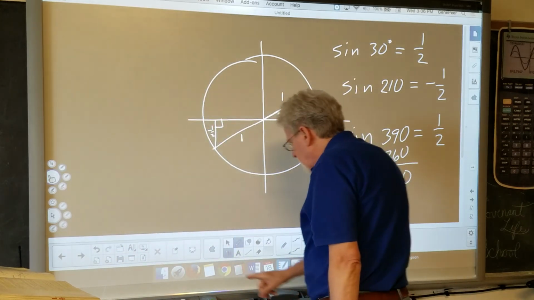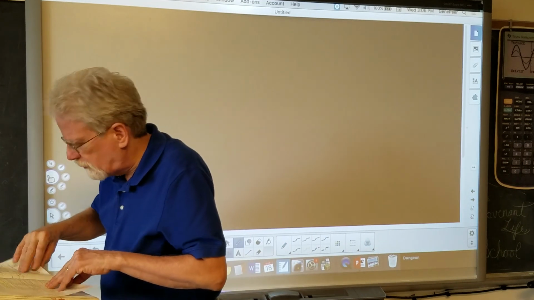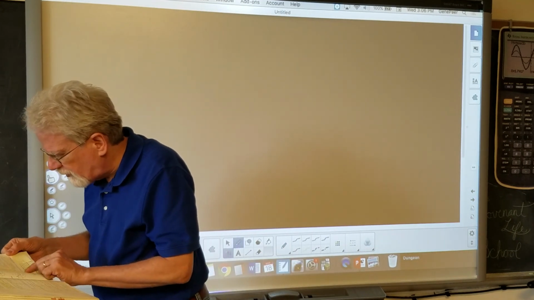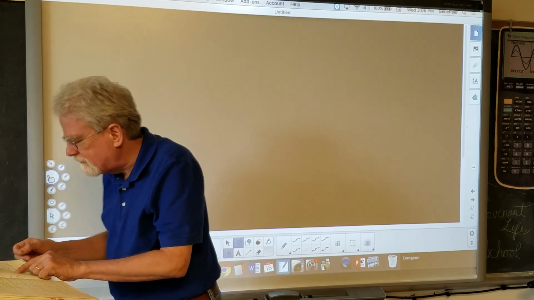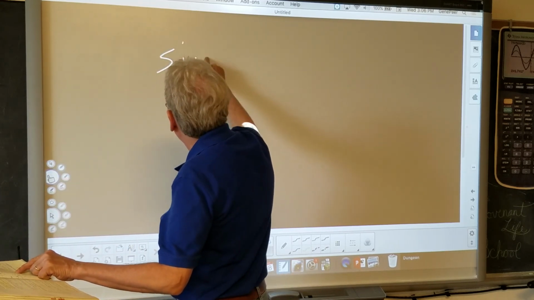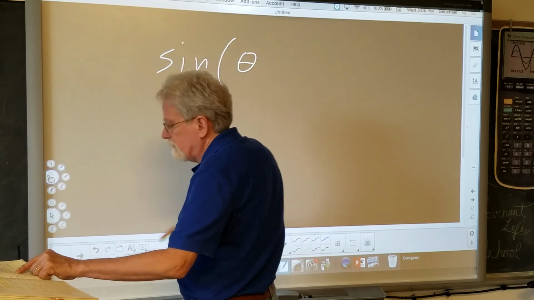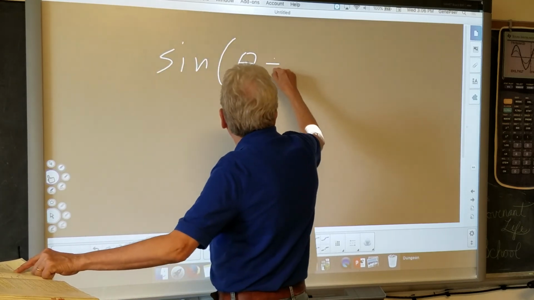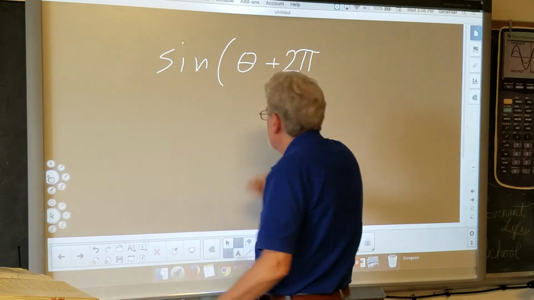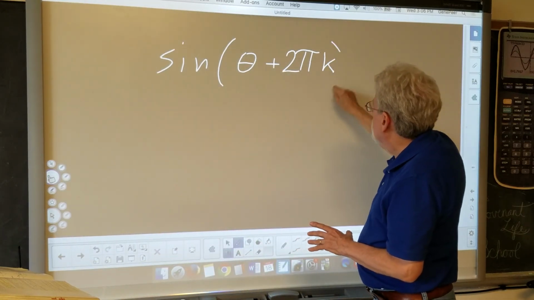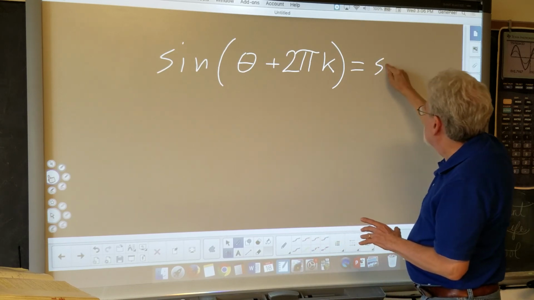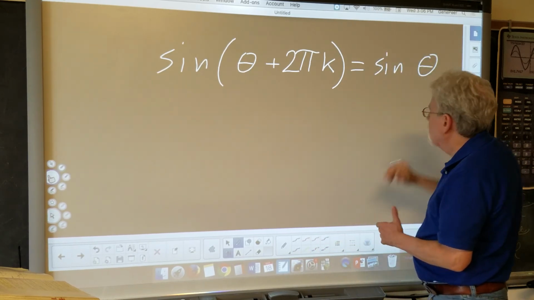So that means we have our first property here, which is expressed on the bottom of page 375, the fact that the sine of theta plus 2 pi times any integer k will still be the same as the sine of theta.